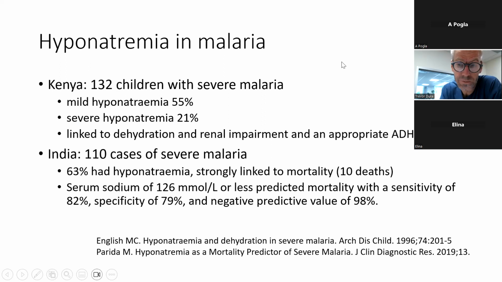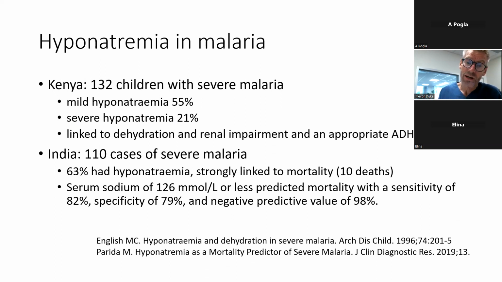In malaria, there's not as much data, but hyponatremia is very common, just like in pneumonia and meningitis. It can be commonly mild, like 130 to 135. Severe hyponatremia, less than 130, still occurs in 20% of children with severe malaria in Africa, and many children with severe malaria have dehydration, from coexistent diarrhea or fever, or the other mechanisms I mentioned.